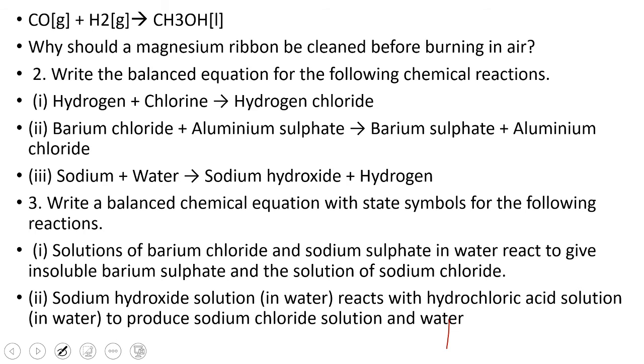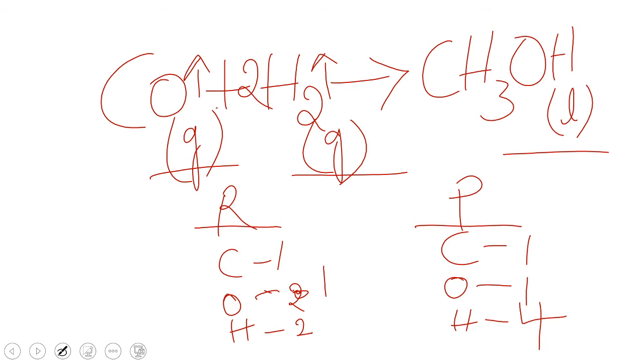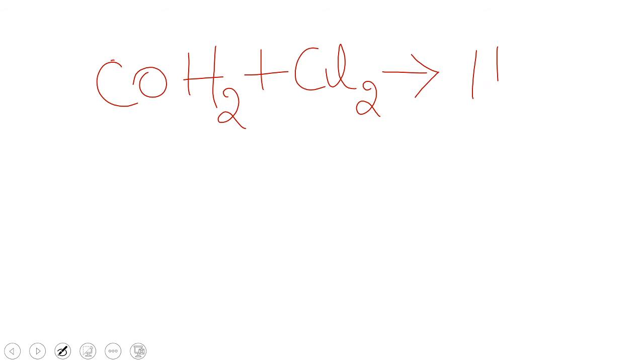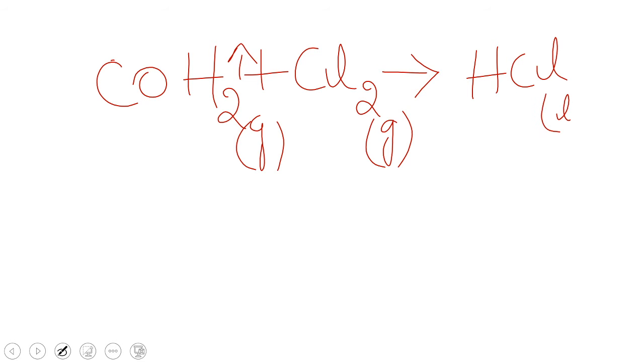So let's observe the remaining examples, that is hydrogen plus chlorine gives rise to hydrogen chloride. So here I will write: hydrogen, H2, plus chlorine gives rise to HCl. Right. You know hydrogen is a gas. Even chlorine is also a gas. But hydrogen chloride is a liquid.